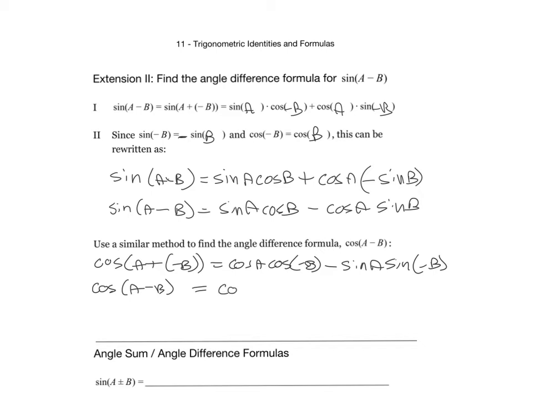So this is cosine of A, cosine of B, and sine of negative B, of course, is negative sine of positive B. So negative sine of A times negative sine of positive B. And again, this is not sine A minus sine B. This is sine A times negative sine B. So we have a negative times a negative, which means you get to rewrite this one more time.